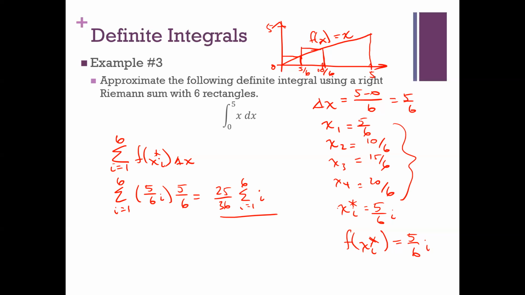What is the sum from 1 to 6 of i? I'm just going to write this down and let you calculate it. The summation from i equals 1 to 6 of i, what's that going to look like? When i equals 1, what term am I going to get out of that?